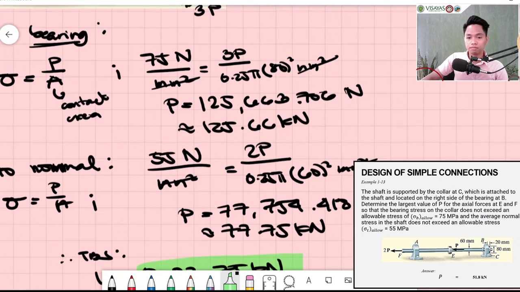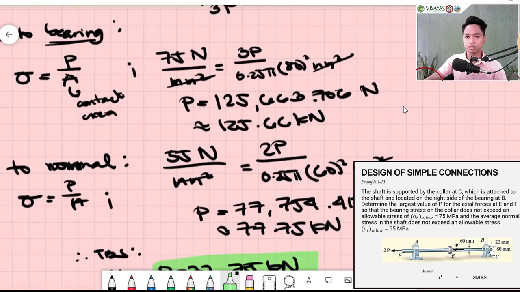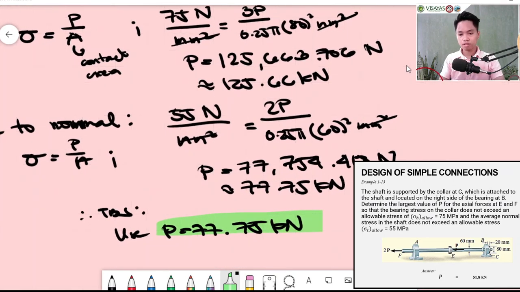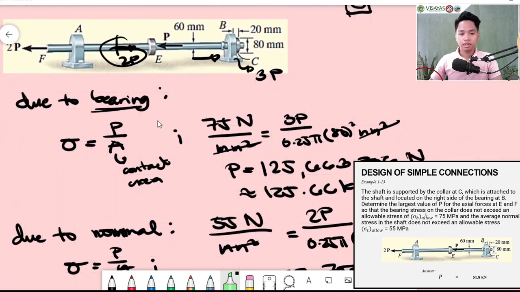I guess in the bearing part, the area, since the diameter of the rod was given earlier, then for this 80, the contact area now is actually a donut.